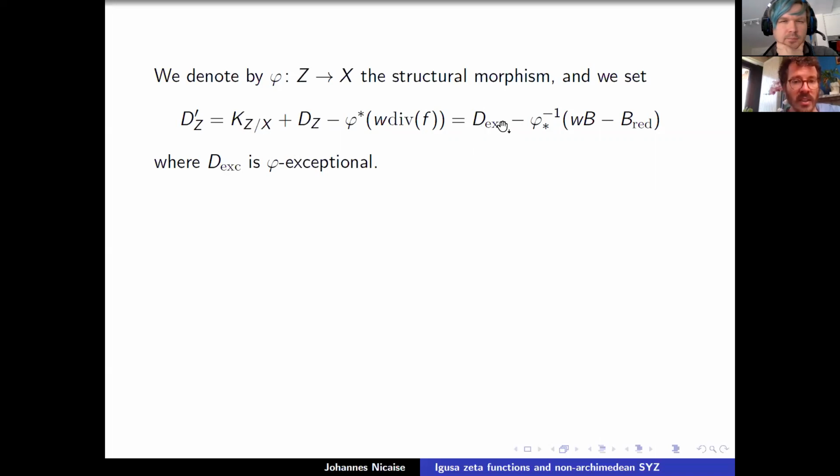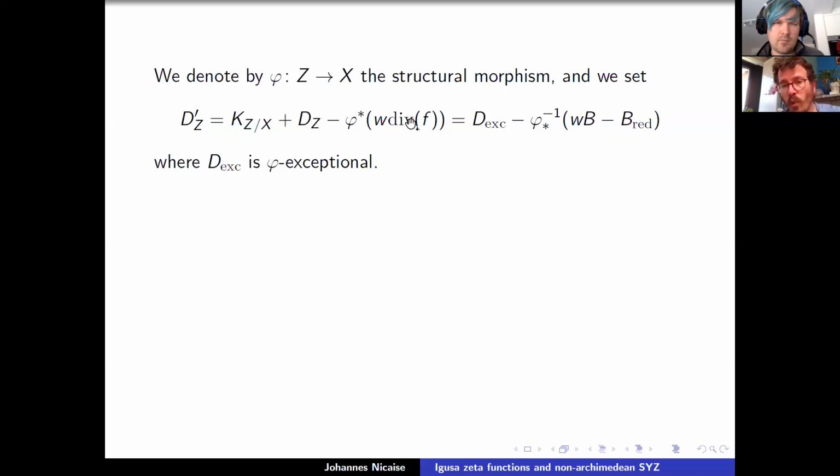So we will have a bunch of exceptional components, which we package in this first term, the exceptional part. And then we have a bunch of components which are in the strict transform of the divisor of F. But since we've subtracted W times the divisor of F, and since all the components that come from A occur with multiplicity W times the multiplicity in D_Z, these will all cancel out by taking this difference.